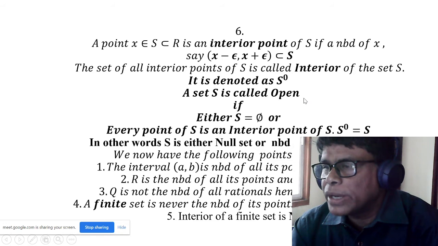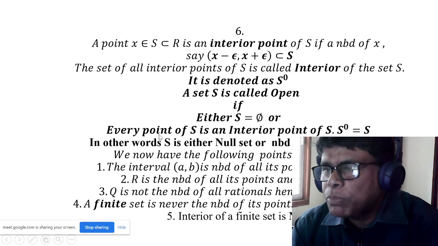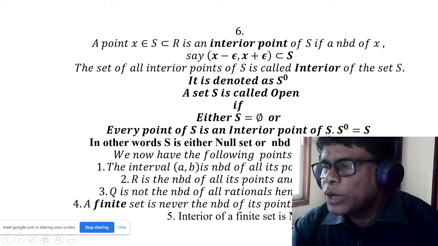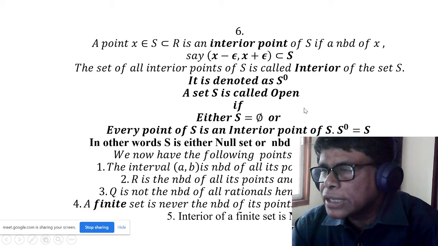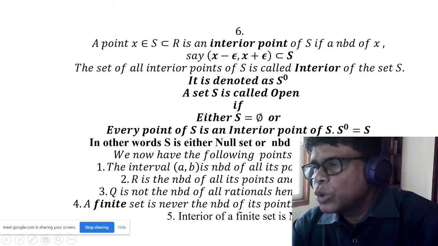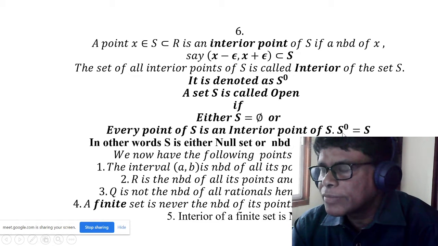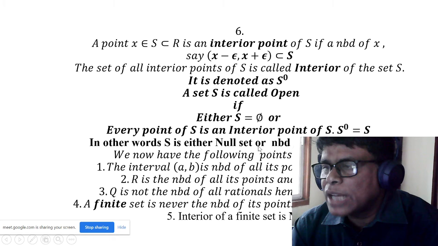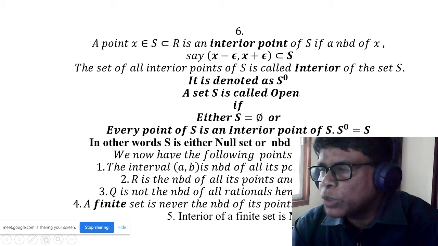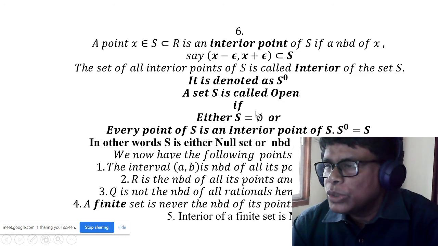A set is called open if either S is equal to phi, that means S is an empty set, or every point of S is an interior point of S. That means there is no point within the set which is not an interior point of S. So S0 is equal to S. In other words, S is either the null set or a neighborhood of each of its points.